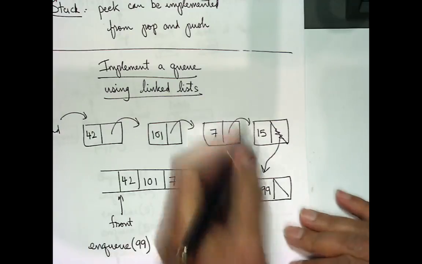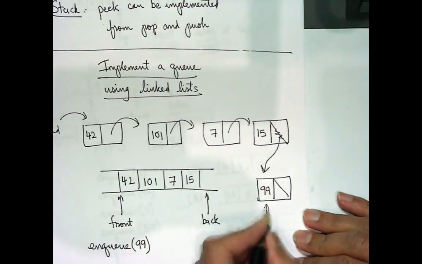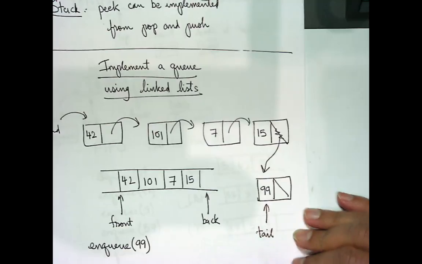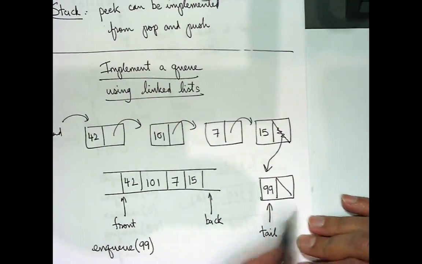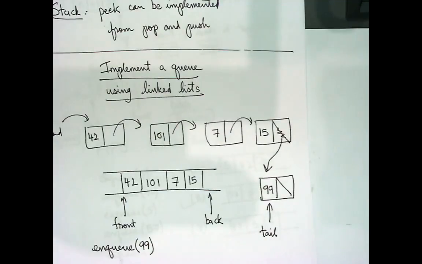You would have a pointer called tail, which would point to the last element, and whenever you want to insert, you insert at the tail. Make sense? There is no shifting around of all this stuff when you implement things as a linked list. You don't actually have to move stuff around.